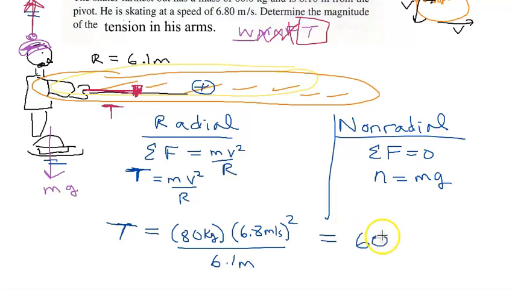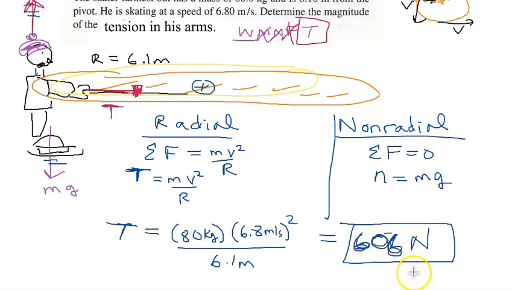But this is what I care about: that person, kind of like tug of war, in order for them not to lose contact with the rope, they have got to be able to hold on with 606 newtons, and people weigh about 650 to 700 newtons. So that's not easy necessarily. Okay, that is question 1.